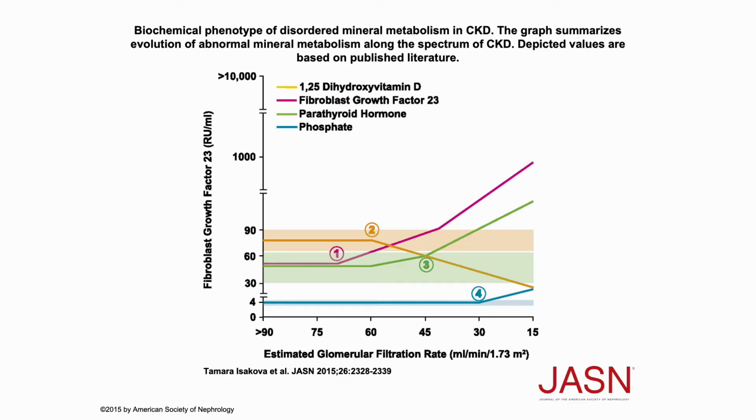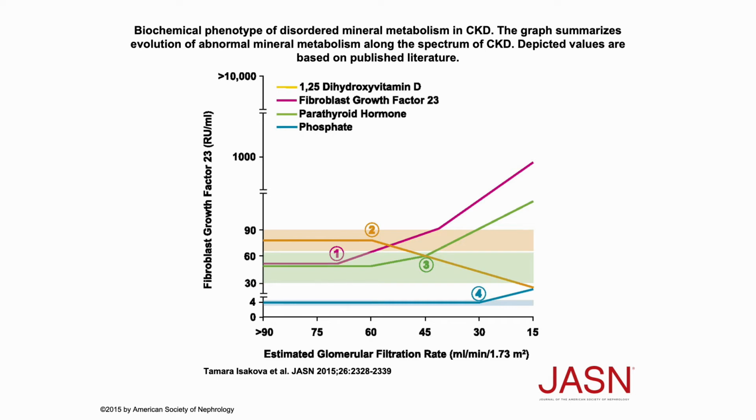I showed this very important slide in the previous lecture. I'm going to show it again. FGF23, in red, goes up first in stage 2 chronic kidney disease. Then you have a decline in the level of 1,25-dihydroxyvitamin D. Then you have an increase in parathyroid hormone level.